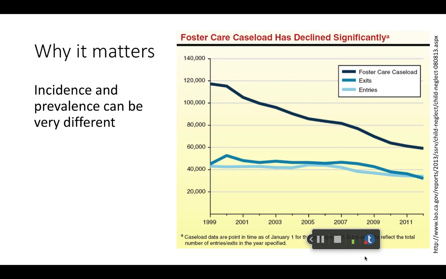Because over this period exits, the number of children leaving care, are slightly greater than entries, the number of new kids entering foster care, the foster care caseload as a whole declines. Here, entries, the number of new foster care cases, would be a measure of incidence if it was adjusted for the size of the population at risk. But here we have just a count of new cases in California.